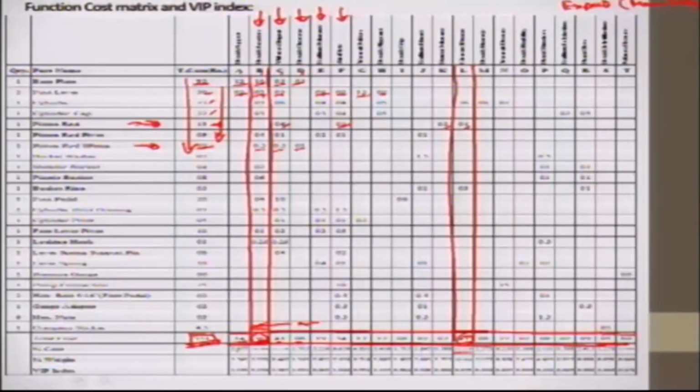Now I take my VIP, value improvement potential. VIP, or value improvement potential, is the exact opposite of value, as we defined. In this case, I take the ratio of the percentage cost over the percentage weight. So VIP is equal to percentage cost over percentage weight.